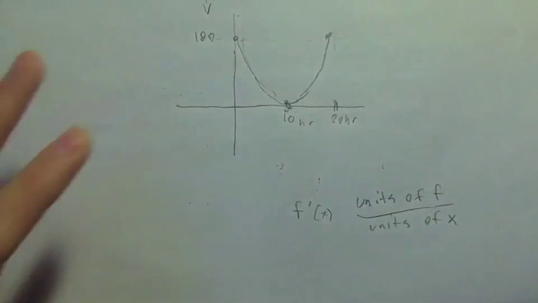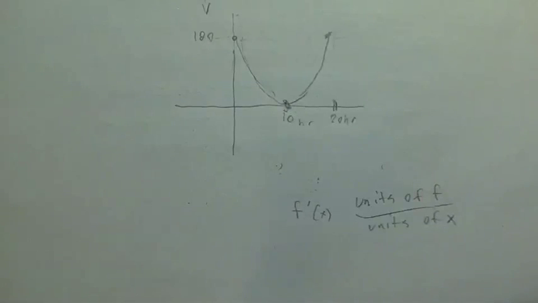And that's how you can interpret it. If you get a positive rate, that means f is increasing, whatever that might mean. You're going to have to use your brain and actually think that if I was talking about volume of water in a tank, and I get a negative rate, well, that means the volume is decreasing. That means the tank must be emptying.